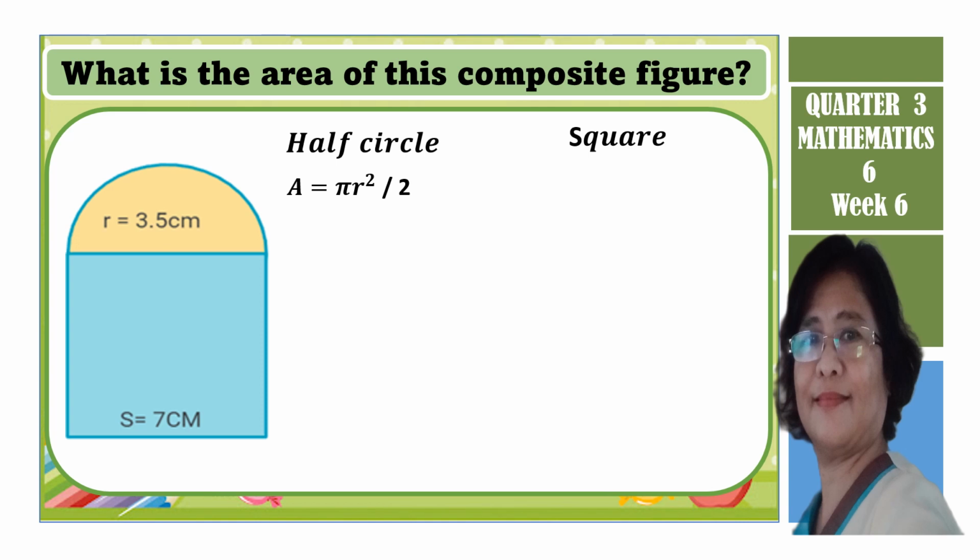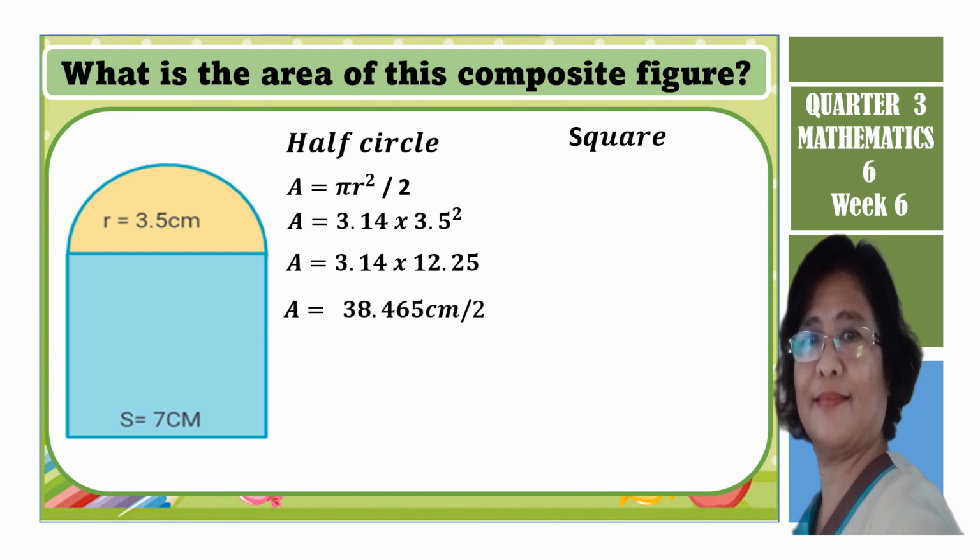So the area of the half circle is equal to 3.14 for the pi times 3.5 to the second power. So first we're going to perform the exponent. The answer is 12.25. So if you multiply 3.14 times 12.25, the answer is 38.465.